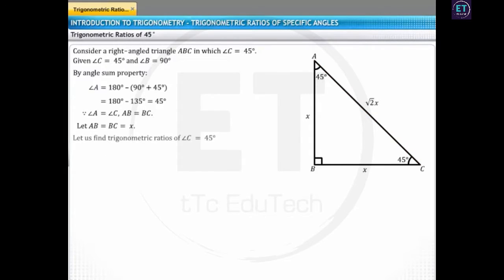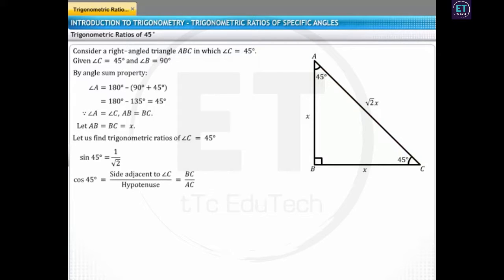Now, we are all set to find trigonometric ratios of the 45-degree angle C. Sine 45 degrees is equal to the ratio of AB, the side opposite to the angle C, and the hypotenuse AC. Putting in the values of AB and AC, we get sine 45 degrees as 1 by root 2.